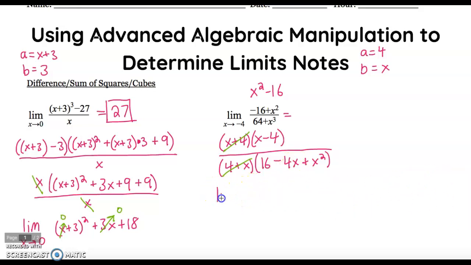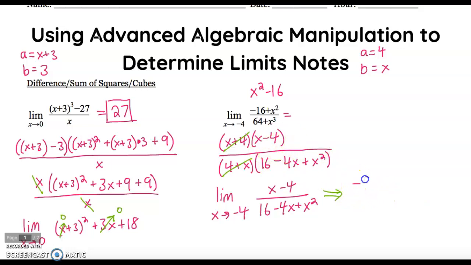So let me see. If I do the limit as x approaches negative 4 of x minus 4 on top over 16 minus 4x plus x squared, then we'll scooch on over here just to work out what I kind of talked through up here.